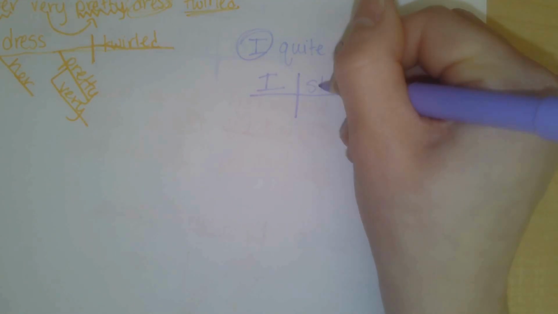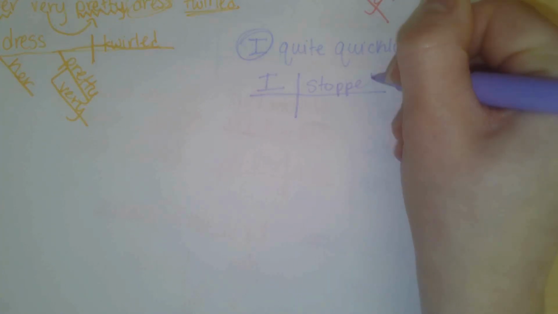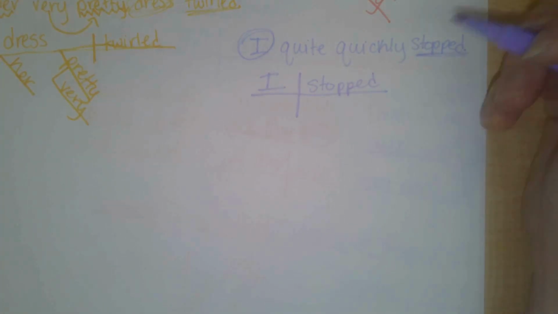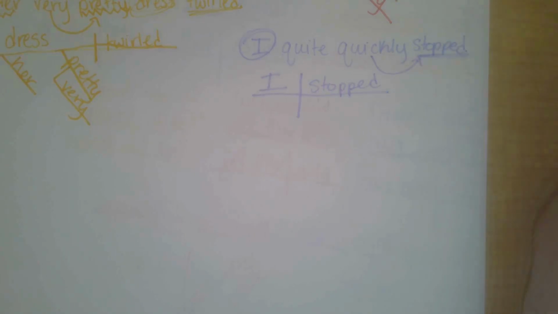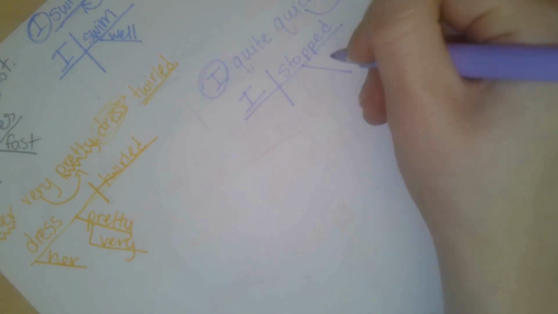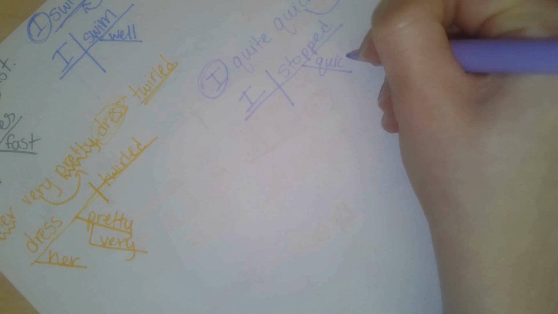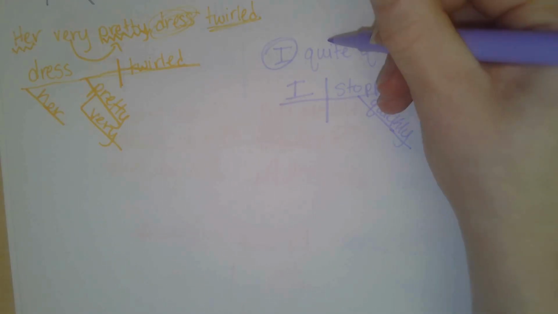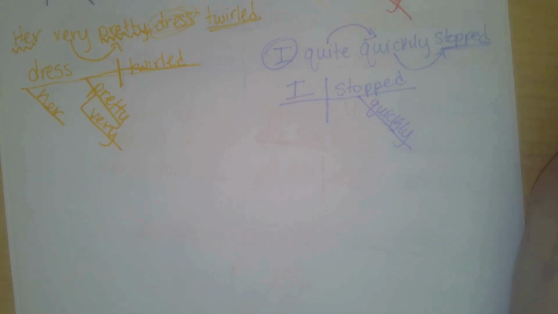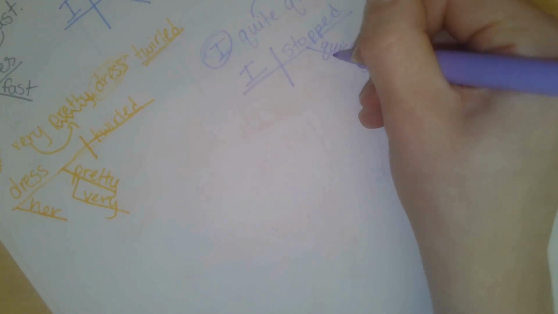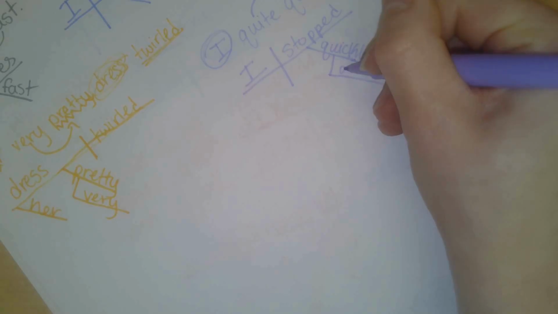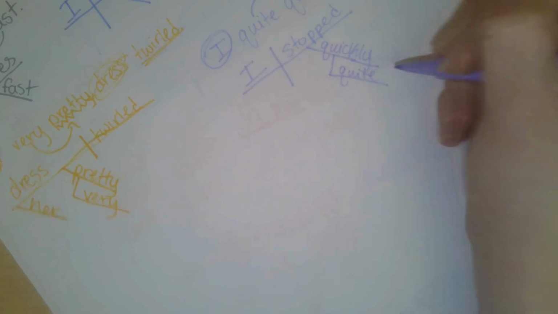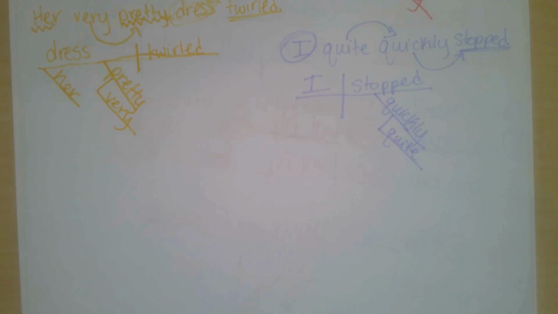I stopped. How did I stop? I quickly stopped. Quickly is describing how I stopped. Then we have quite. We didn't quite stop, we quite quickly stopped. Quite is describing quickly. So there's that sentence.